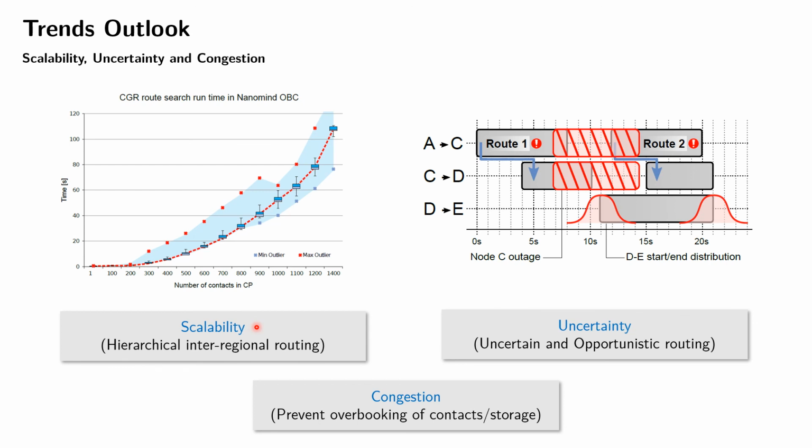So scalability is by all means a concern, and these are some evaluations of scalability of contact graph routing on a very constrained onboard computer of a CubeSat. We can see that when we're talking about thousands of contacts, the computation time to provide a viable result can scale to the order of seconds.